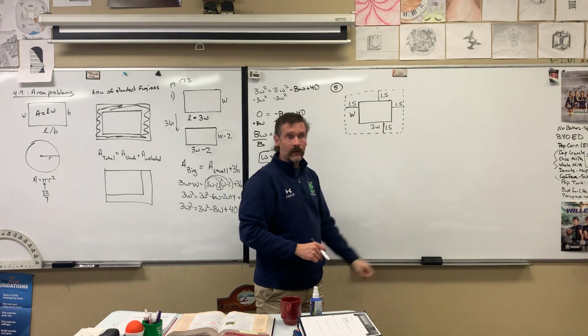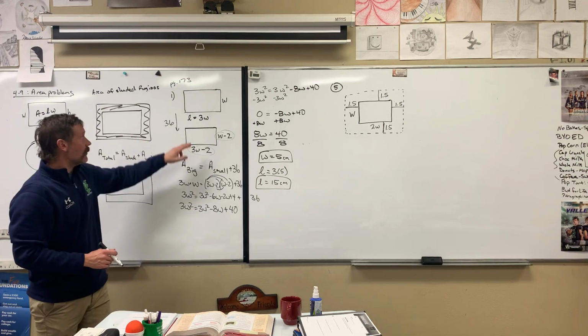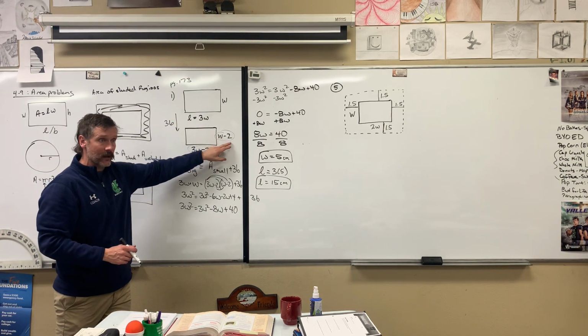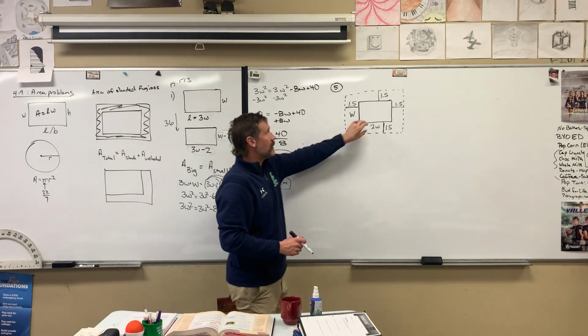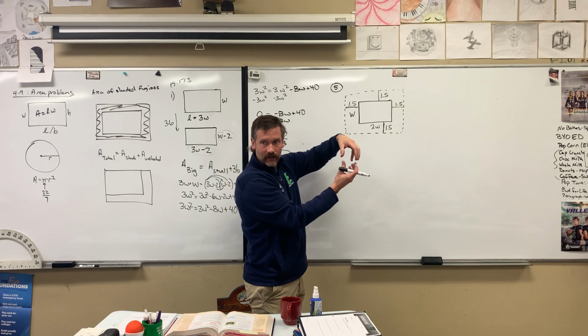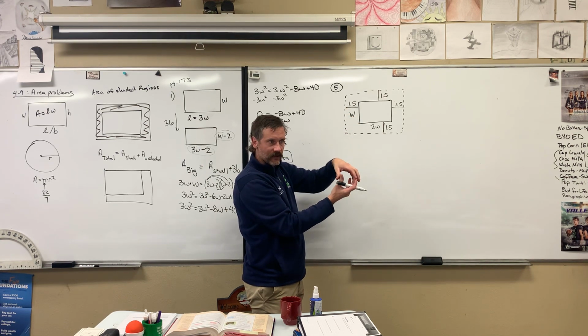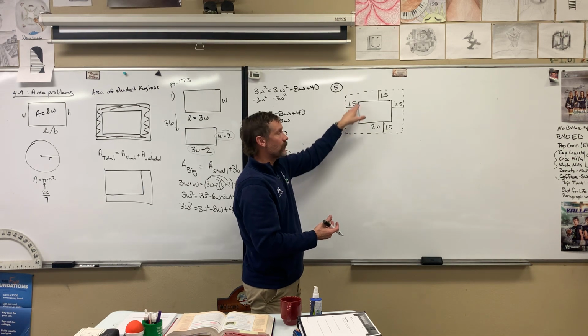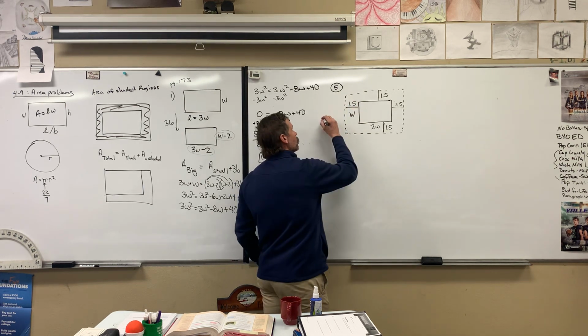So now, can we write an expression for the new width and the new length? Yes. Here we said it was decreased by 2, so we wrote 3W minus 2. Here, our little rectangle is getting expanded or decreased? Expanded, okay? So this width was W. What's my new width?